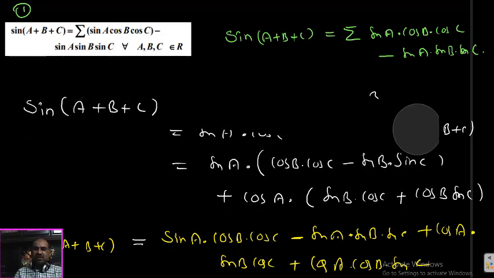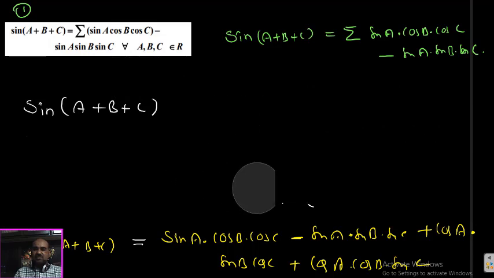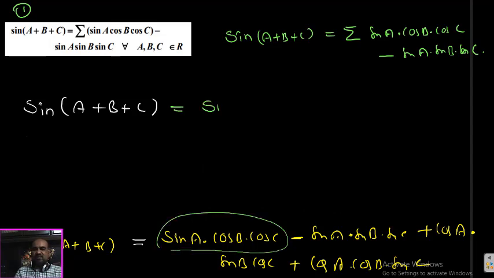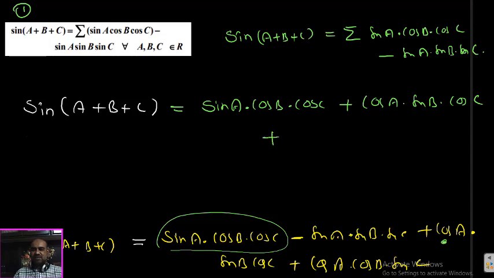So I will write again the conclusion: first term as it is, sin A cos B into cos C, plus next cos A sin B cos C, plus next cos A cos B sin C, minus sin A sin B sin C.